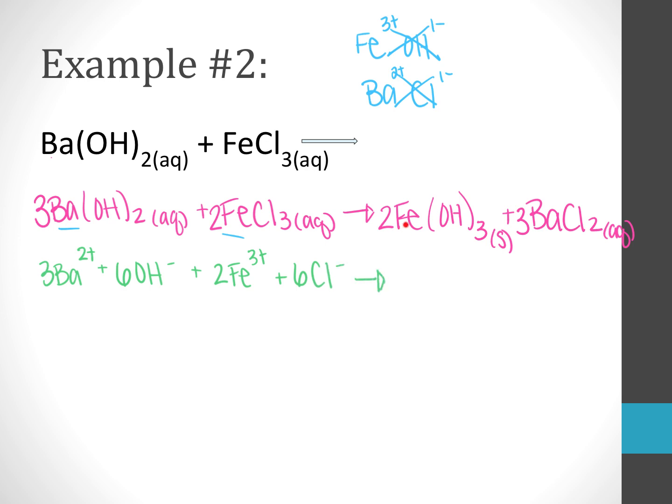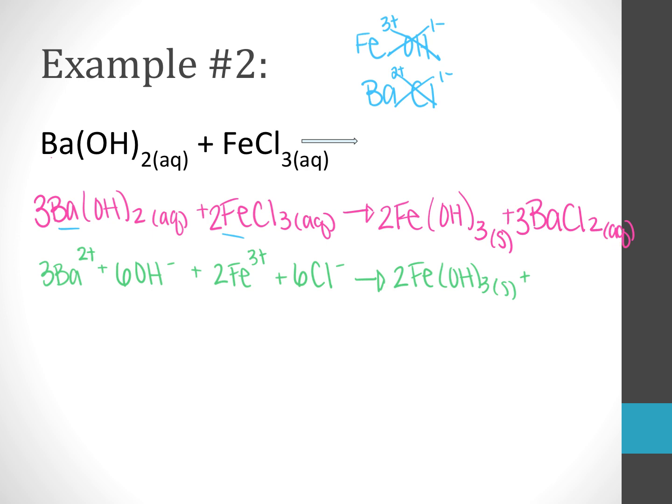All right, then the iron 3 hydroxide is solid. So I'm not going to touch that one. I'm going to rewrite it exactly how we see it up here. So I'm going to keep the 2 there. So it's 2Fe(OH)3. And then finally, we have the barium chloride, and it's aqueous. So that means it's going to break up.